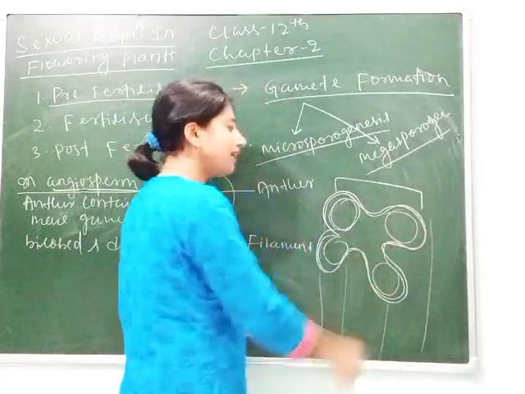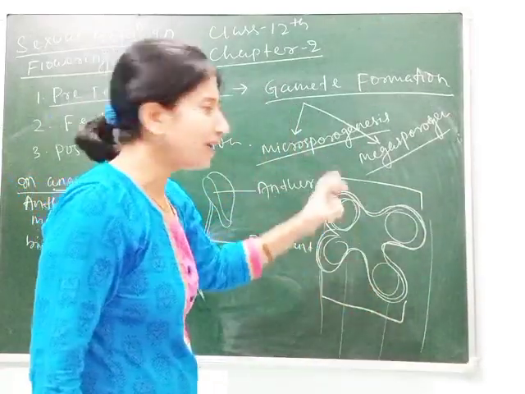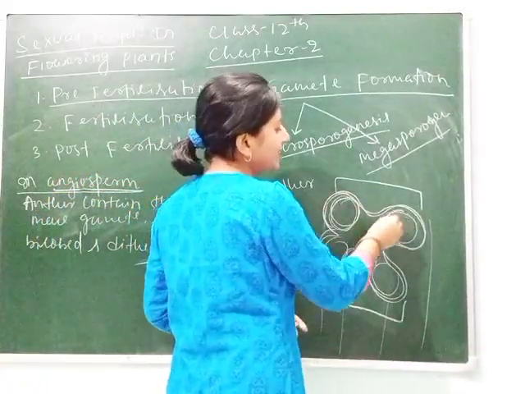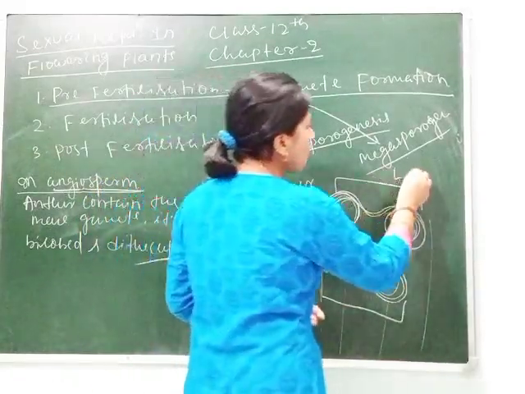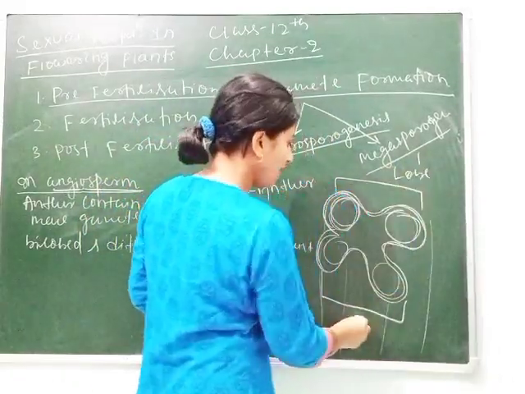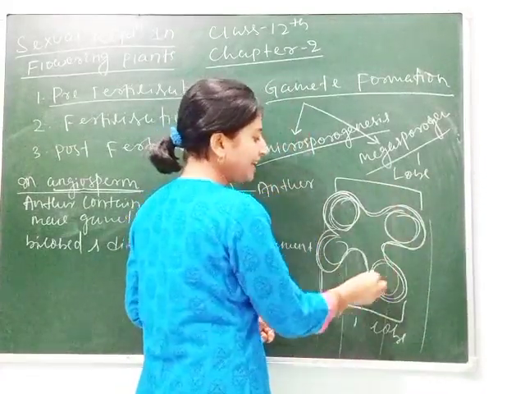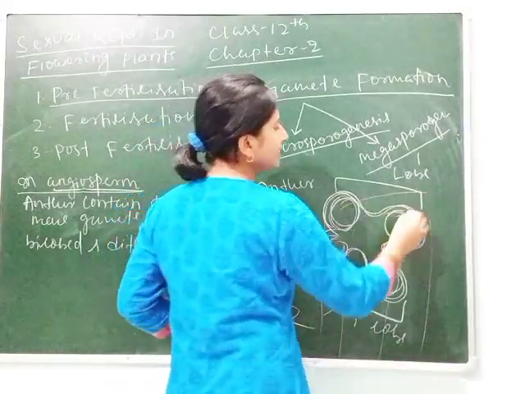Here is one lobe, and here is another lobe. So they are bilobed, and each lobe contains two theca. Theca means a shaft, inside which pollen grain will be formed. So 1 plus 1, 2 lobes, and each lobe has two theca. Here is 2 and here is 2.